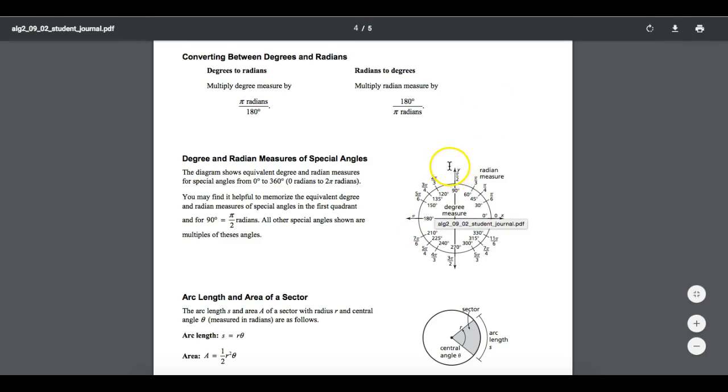You'll see right here we've got this special unit circle. We're going to go more into the unit circle in class, but if you trace this circle all the way around, this circle is equal to 360 degrees.